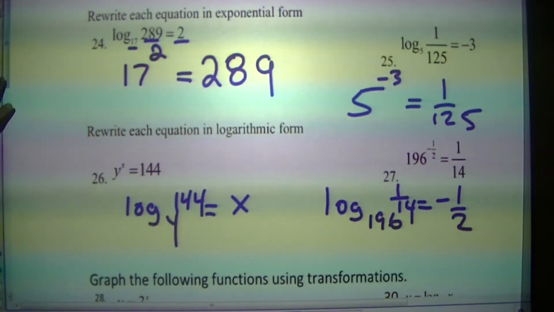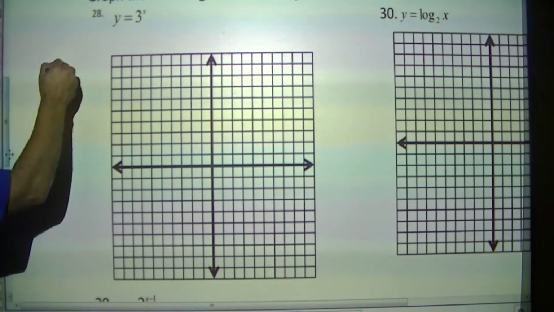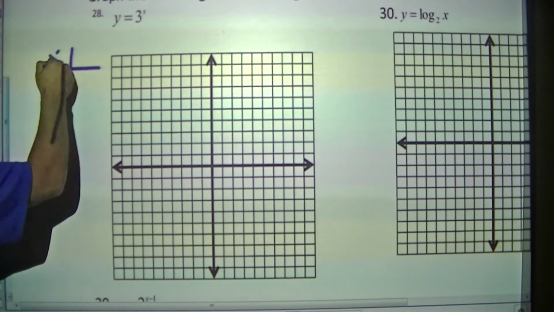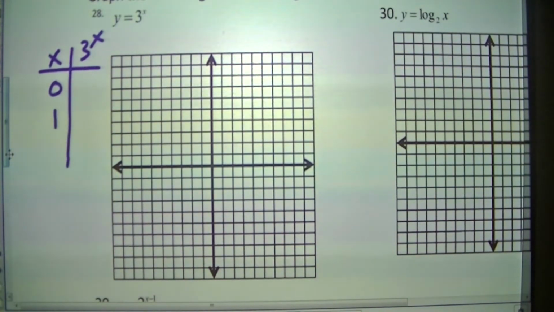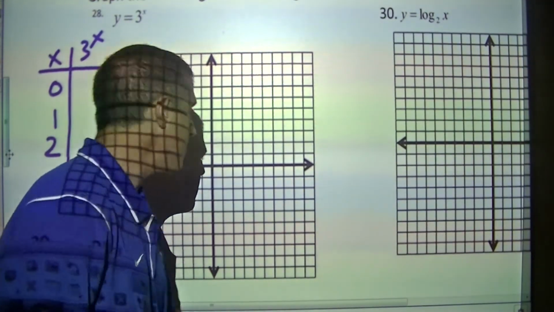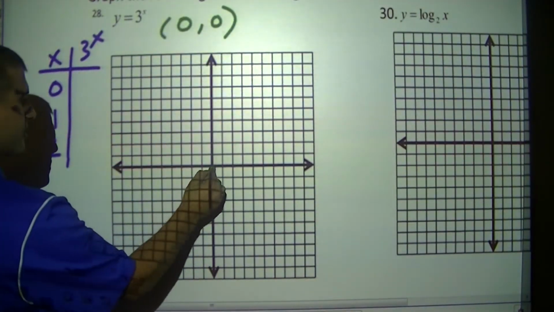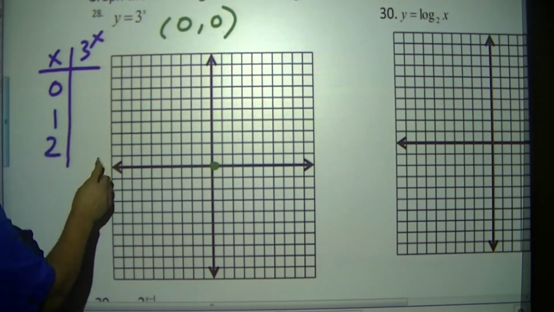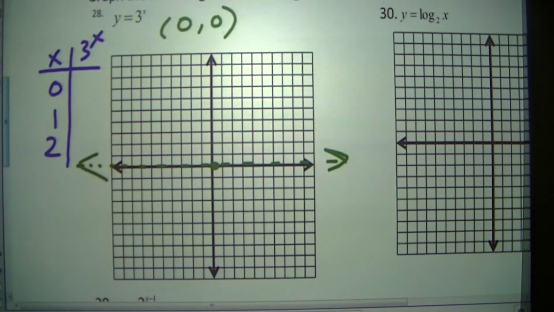Graph the following transformations. So for exponential, 0, 1, and 2. Now your anchor point here is going to be 0, 0. So what that means is, since it's an exponential, I'm going to have a horizontal asymptote.